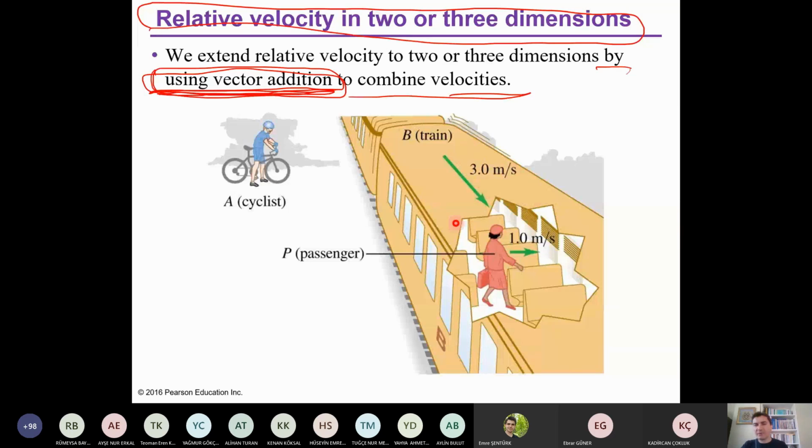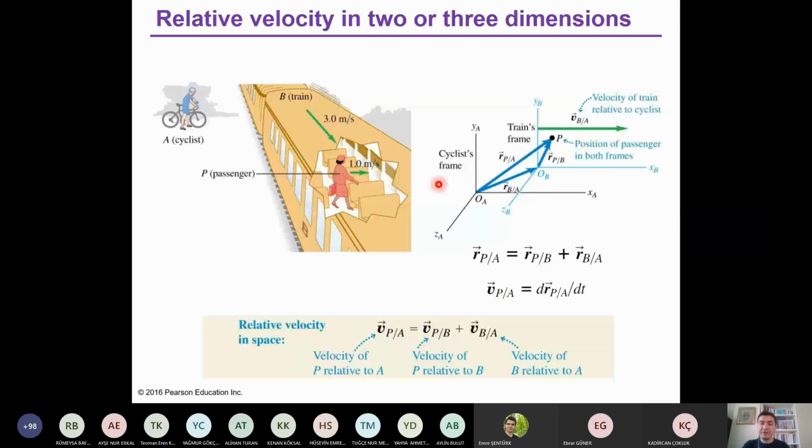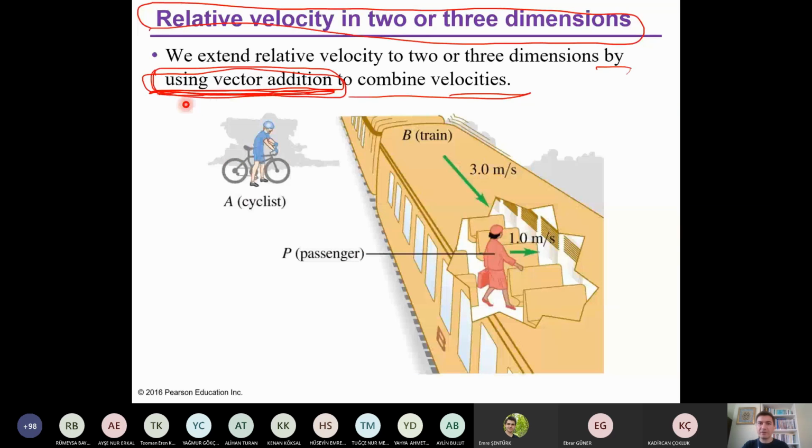In the previous example, the passenger was also moving parallel to the train, but now the passenger is moving perpendicular to the moving direction of the train, okay? So the passenger is moving along this direction with 1 meter per second. Now, let's use the vector addition. Using vector addition to combine velocities will be very helpful in relative velocity problems in 2 or 3 dimensions.